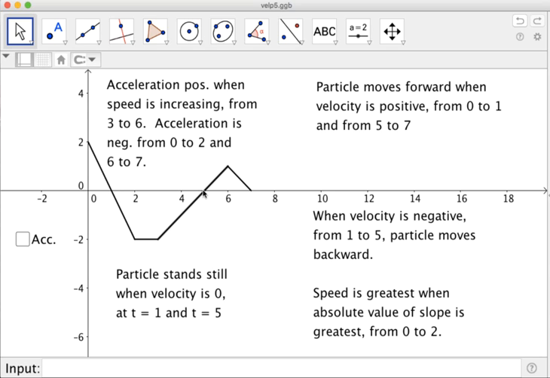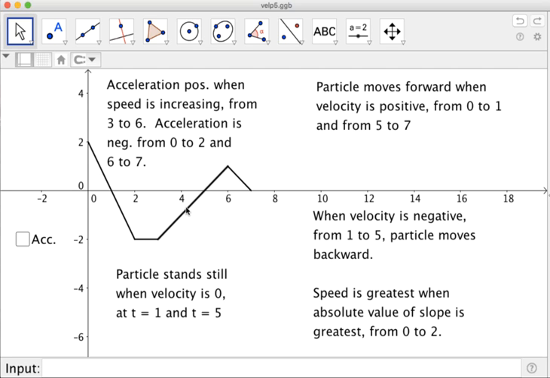The particle's acceleration is going to be positive when the speed is increasing, and that's happening over the interval from 3 to 6. We can see that the acceleration is positive when our velocity is increasing, and that's happening when our velocity is moving in an upward direction, from t equals 3 to t equals 6.